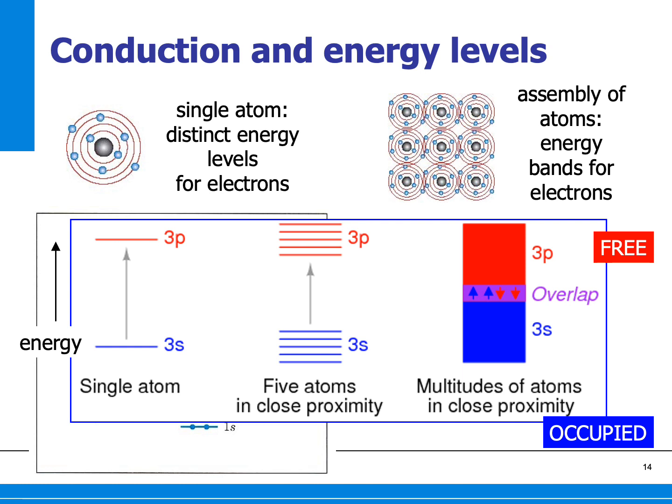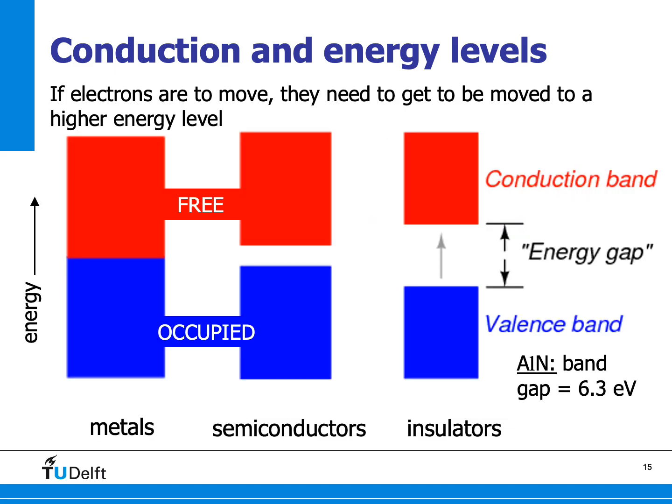So this is the way the electricity or the electrons are conducted through the material. Now that we know the concept of the energy bands, we have the conduction band and we have the valence band, where the electrons are actually located in the material.